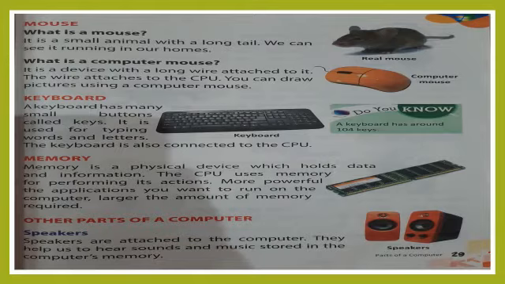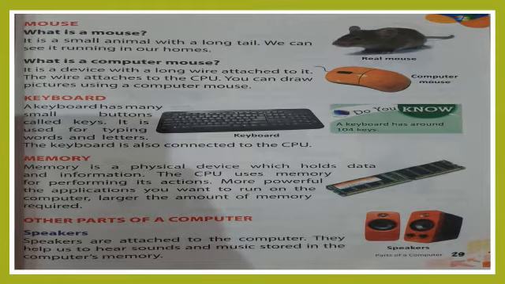The next part of computer is mouse. You can see the picture there. It looks like a real mouse. It is a device with a long wire attached to it. It is also connected to CPU. It is a pointing device.